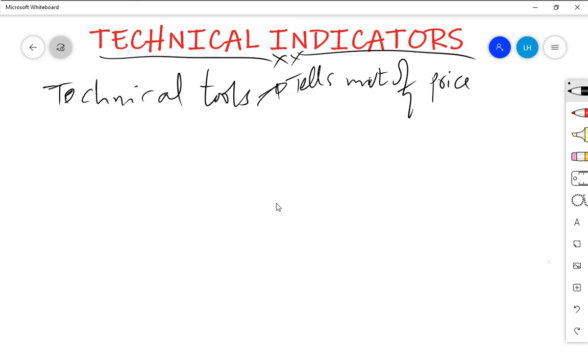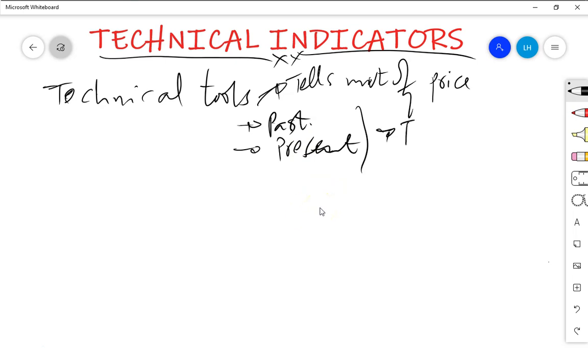Mainly those indicators tell you the movement of price in the past and in the present. After you already have information from an indicator about the past and the present, you may assess the probable direction of price in the future.